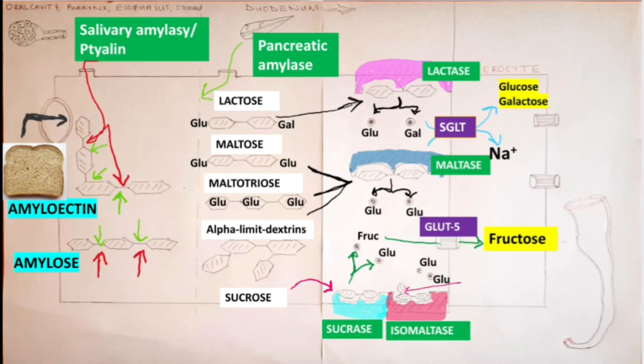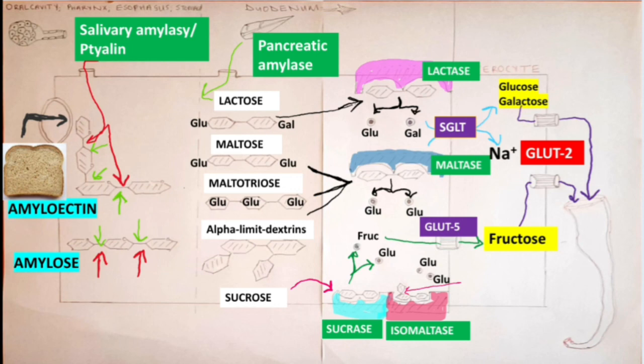Now these three, glucose, galactose, and fructose, are in the enterocyte. We want them in the blood, so they are taken from these cells into the blood vessels through other transporters known as GLUT2, glucose transporter 2. The transporters which I mentioned so far are insulin independent.